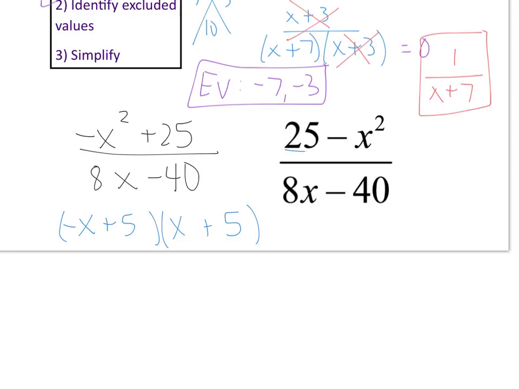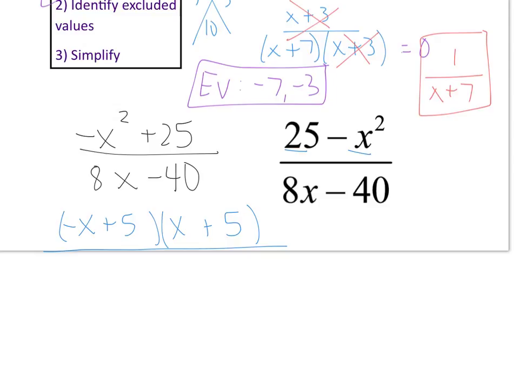Really, that's like the difference of two squares. But here I flip-flopped where I put my x squared and 25, so that's why I need to take into account that the x squared is actually negative. And then that is going to be over, I can factor out either an 8 or a negative 8.